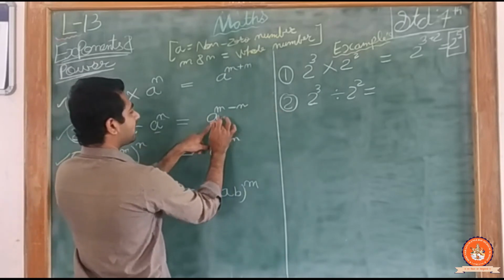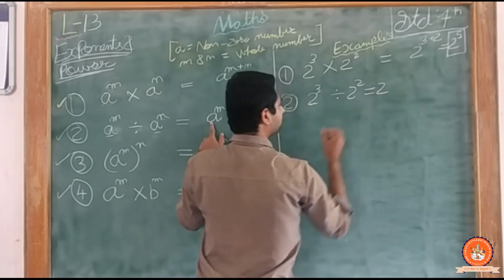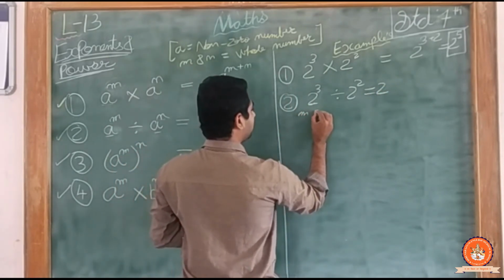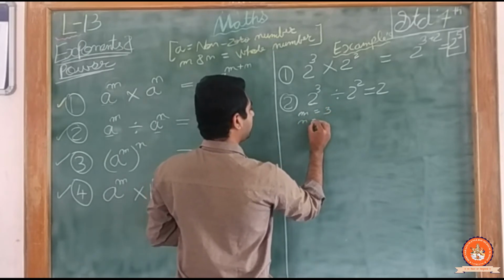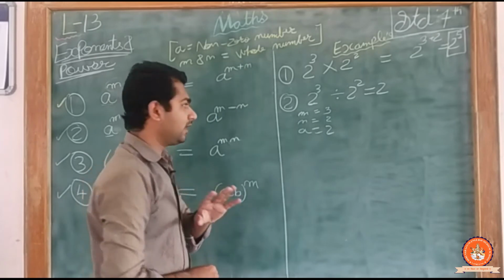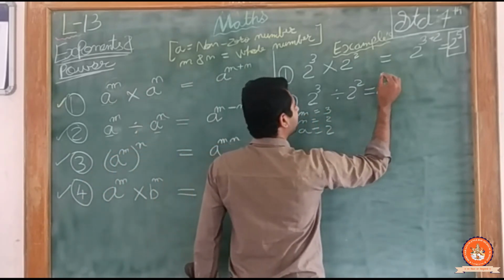See, a raised to m minus n. A means 2. M minus n, that means here m is equal to 3, n is equal to 2 and a is equal to 2. M minus n, 3 minus 2.